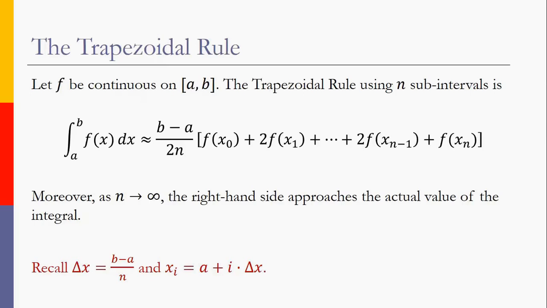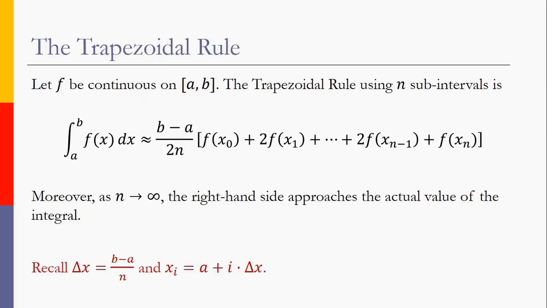Let f be a continuous function on [a, b]. The trapezoidal rule, using n subintervals in approximating the definite integral, is given by (b minus a) over 2n times the sum f of x sub 0 plus 2 times f of x sub 1 all the way to 2 times f of x sub n minus 1 plus f of x sub n.